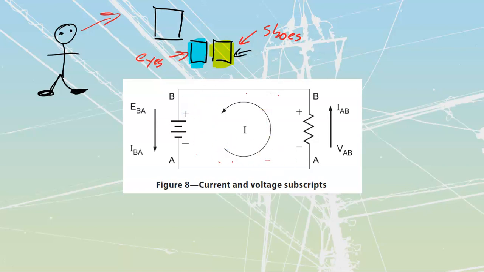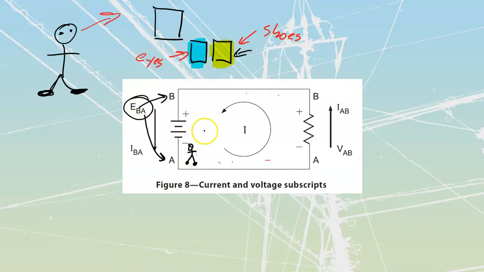Let's start by taking a look at this first one that we have right now, EBA. So EBA means that I'm standing over here. My last one, my A, tells me where I'm standing. So I'm just going to draw a little man wearing little black shoes inside of the circuit over there. That's where I'm standing off the last one. Where am I looking?